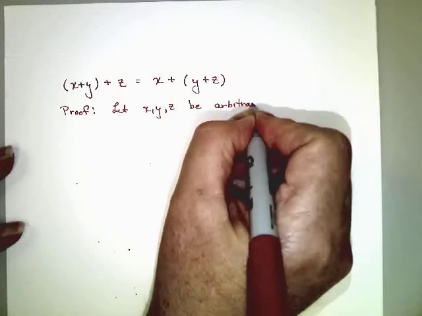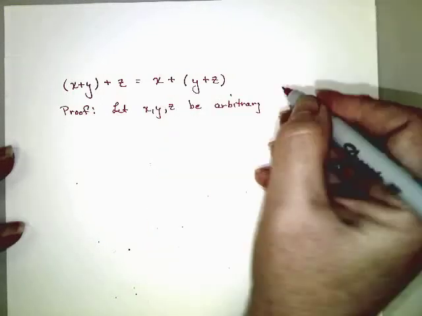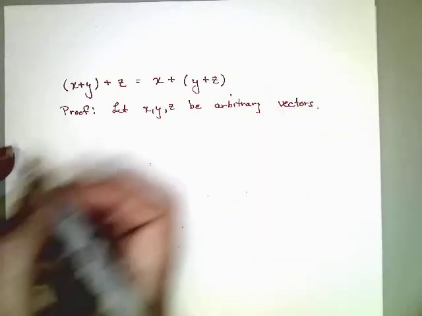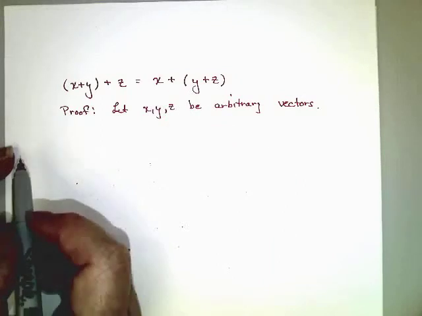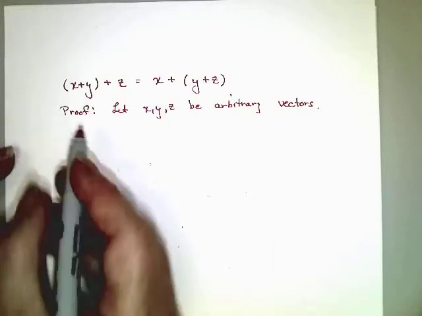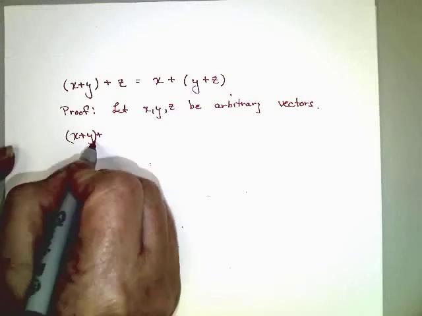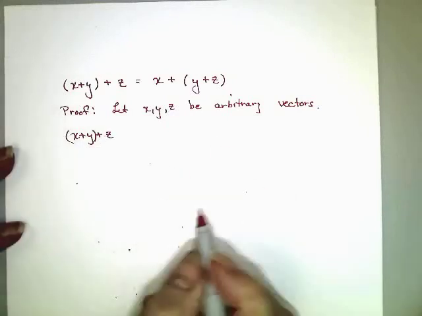They can be anything. Always true. And I'm going to start with one side of this equation and show that it's equivalent to the other. So I'm going to start with x plus y, add them, and then add the vector z.